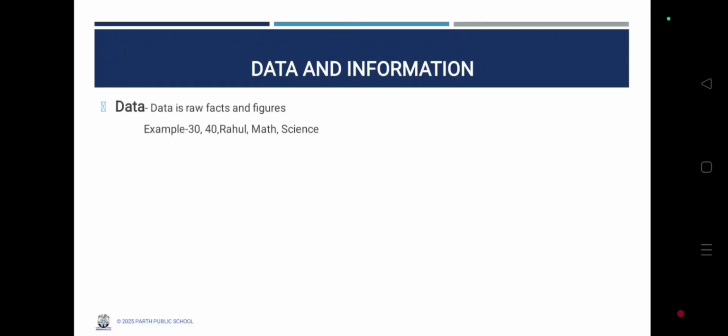Now what is data? Data is raw facts or figures, or data is a collection of raw facts and figures. For example, 30, 40, Rahul, math, science. This is data. But data is raw, unprocessed facts that do not have any clear meaning by themselves. For example, these values alone do not tell the full story.